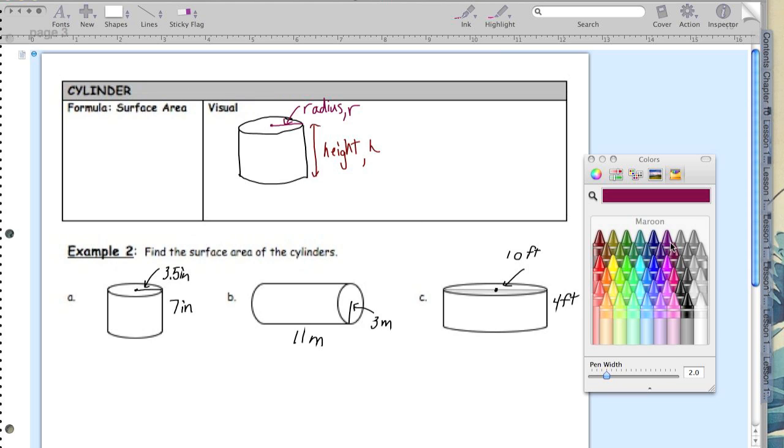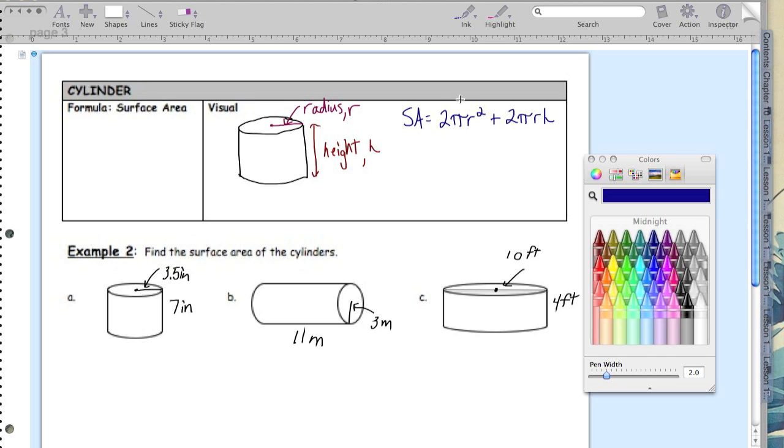Now let me tell you what the surface area formula is. It's a little bit longer than the other one, but it's less complicated, which is good. So surface area is equal to 2 pi r squared plus 2 pi r h.